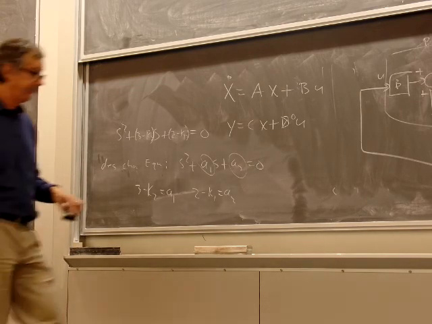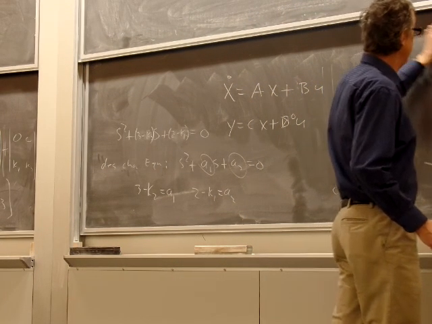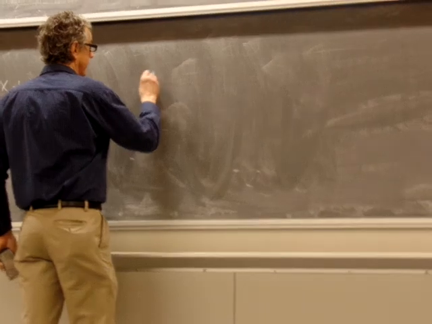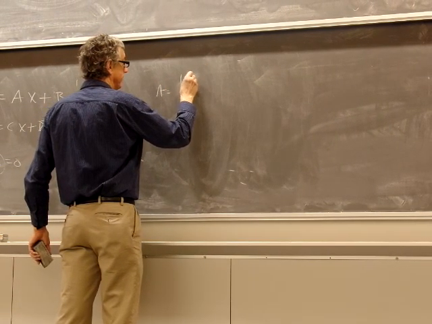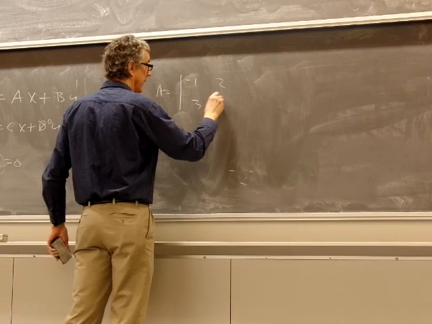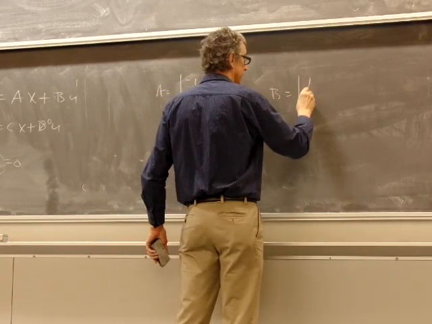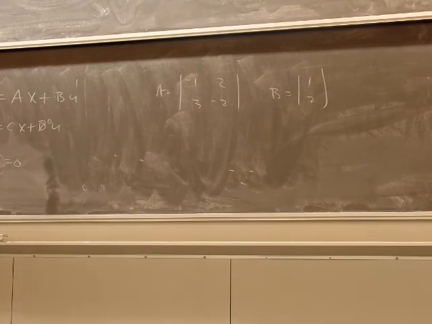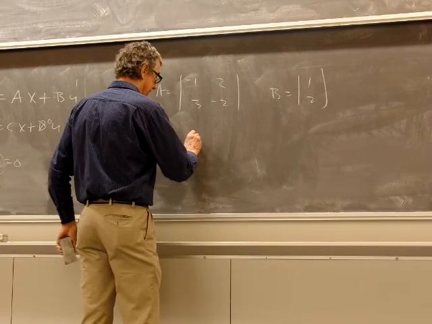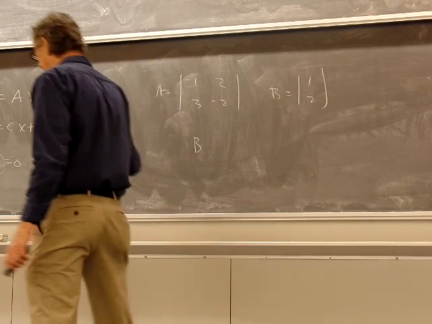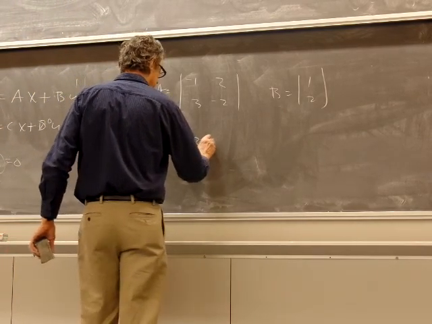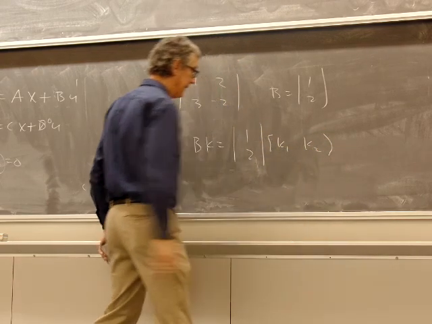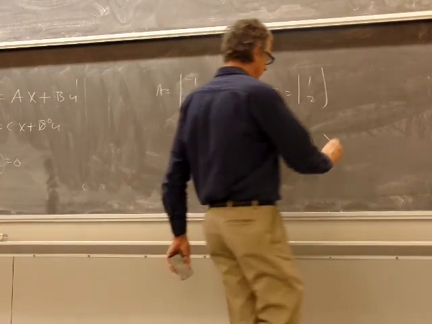What would it be if it were in a different form? Okay, something like that. Well, B times K is still what? So that's a little bit messier this time.